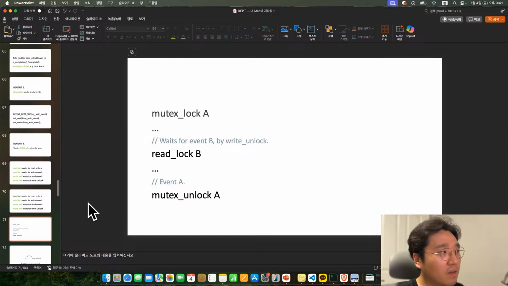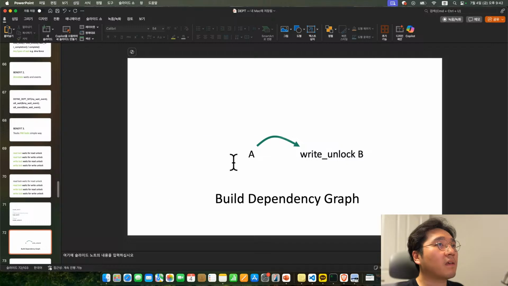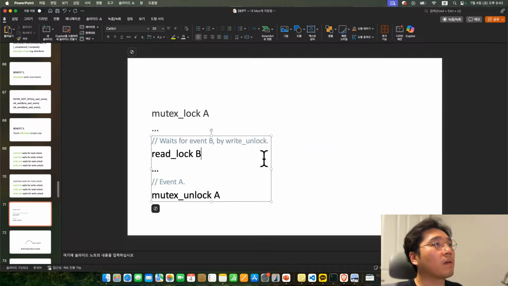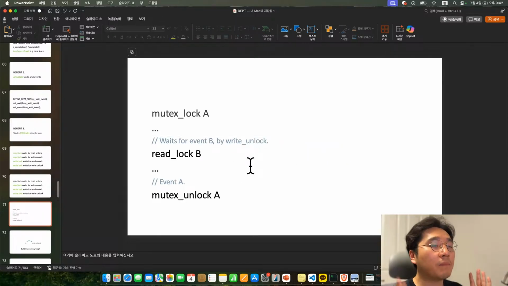So we can simply define this situation, right? There is a read lock, and read lock B only waits for the write unlock of B, right?